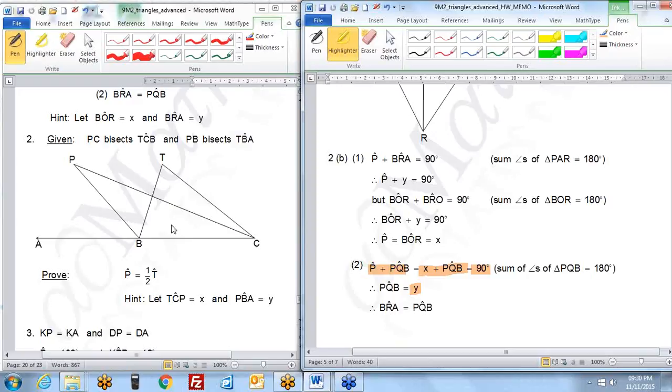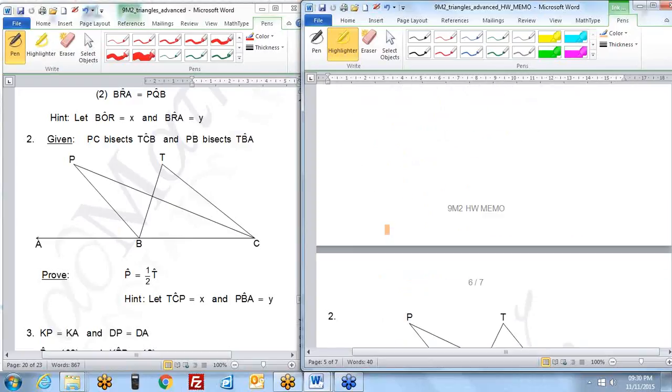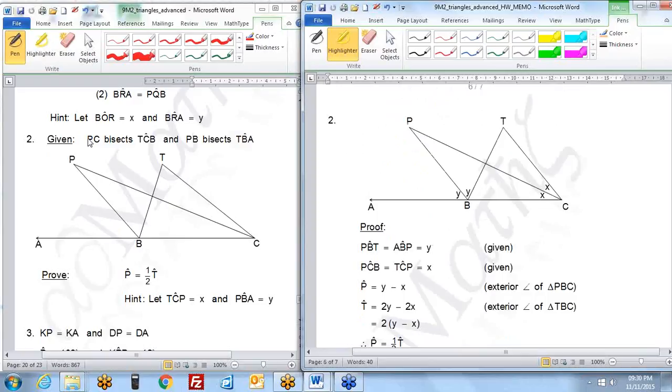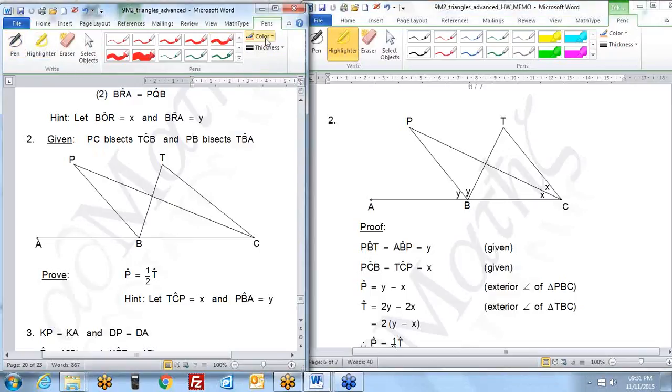Right, so we can quickly look at question 2. Given PC bisects angle TCB. In other words, this angle will be equal to that angle over there.